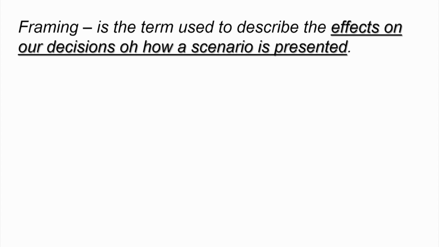What is framing? Framing is the term used to describe the effects on our decisions of how a scenario is presented. Let us say an option is given to you, and the presentation of the option is reworded. There is a particular decision that has to be made, and out of this decision certain alternatives come up.